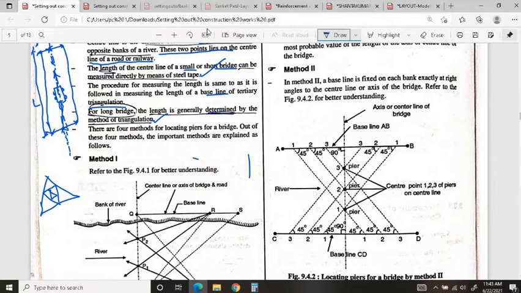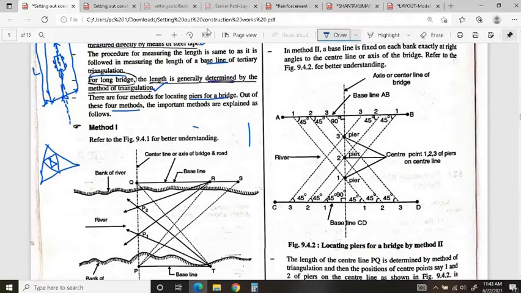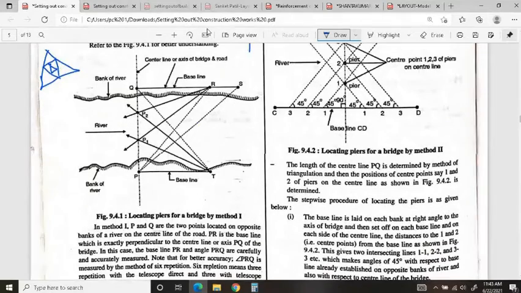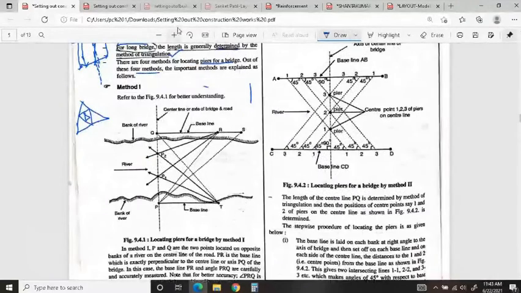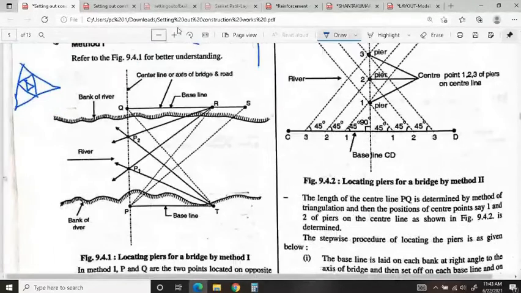There are four methods for locating the piers for a bridge. Out of those four methods, the important methods are explained in the following. This is the first method. Here you can see this is the river.